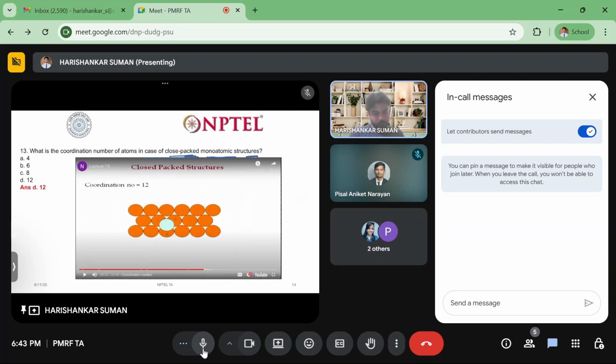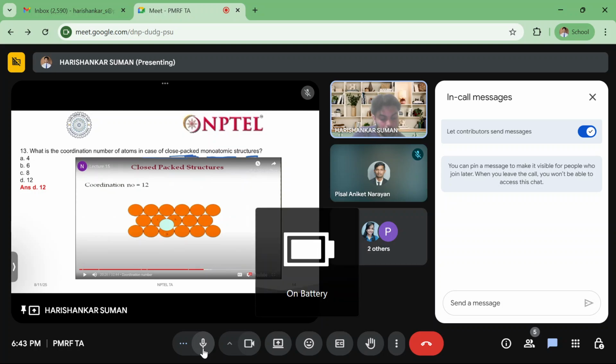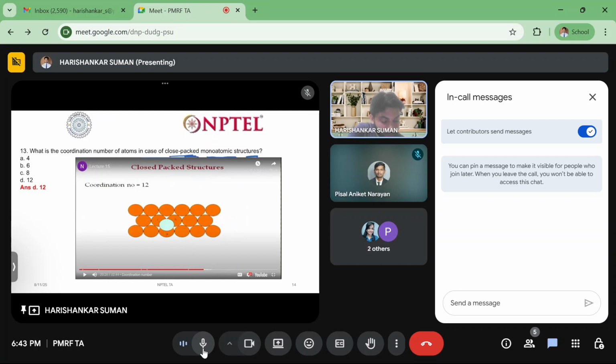The answer is 12. Please see the picture one by one. Below is this yellowish layer, monoatomic structure. So this is 1, 2, 3. This atom is touched by these 3 atoms below.